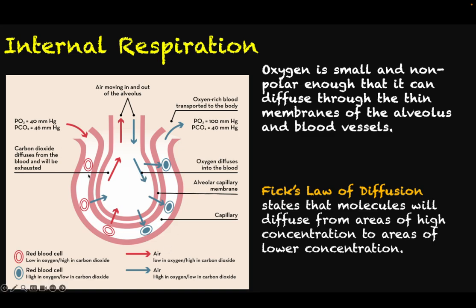So the idea here is that oxygen exists at a high concentration in the air inside the alveolus, but at a low concentration in the blood coming through the pulmonary artery. Carbon dioxide, on the other hand, exists at a high concentration in this capillary blood, but at a low concentration inside the alveolar air. So this is going to be what causes oxygen to move one way and carbon dioxide to move another way. It's because their concentration gradients are pointed in opposite directions.